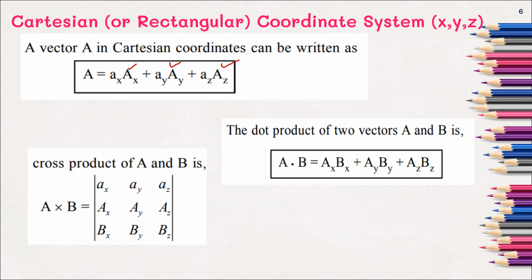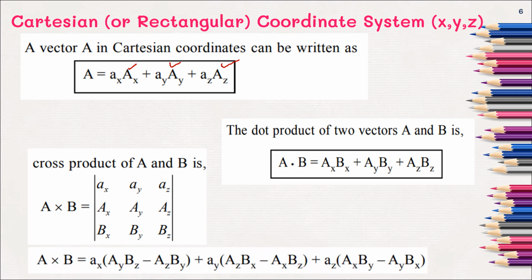So A dot B is going to be Ax into Bx plus Ay into By plus Az into Bz. Now for the cross product of two vectors, the short form is written here, and when we expand we have to do the normal matrix expansion, as shown by this equation. So A cross B is going to be the expansion of this matrix.